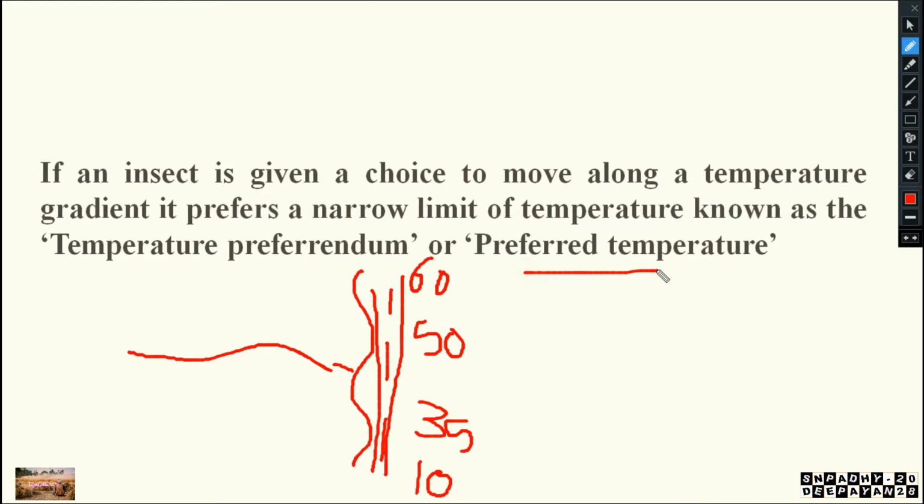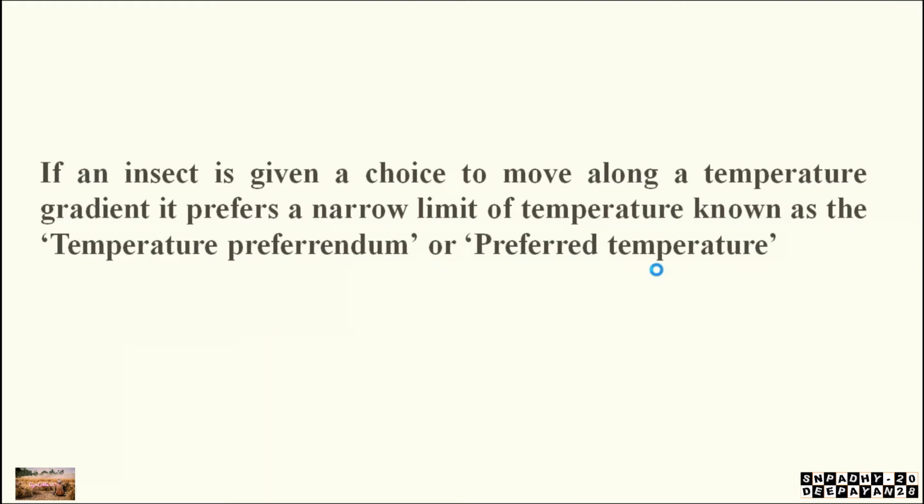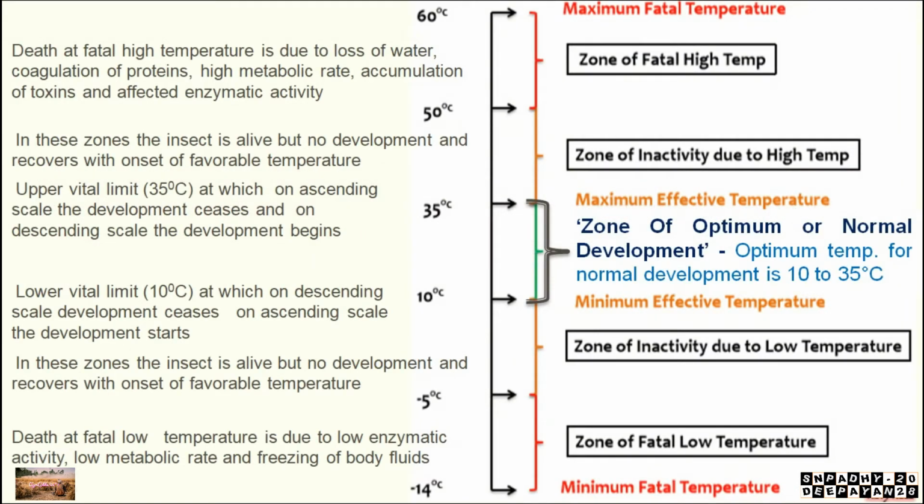So in this video we will understand some terminologies related to that and some zones classified according to the temperature preferandum. Those things will be totally structured in this video. So let's begin. Here I have given you one graph which is showing the gradients.